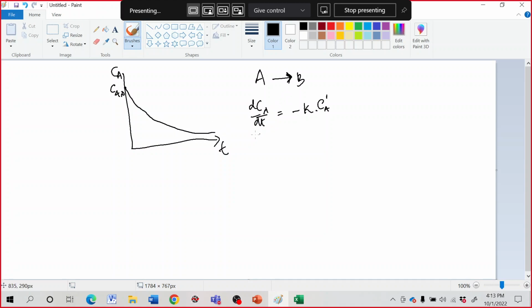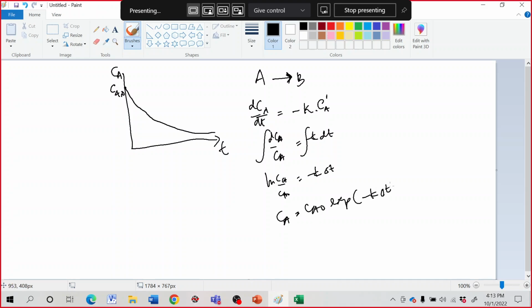You can then integrate this in such a way that you have dCA and then minus k delta t. You integrate that, you will then see ln CA equals ln CA0 minus k delta t, and you will have that CA equals CA0 times the exponential of minus k delta t.